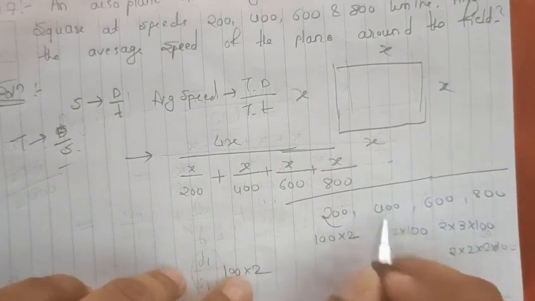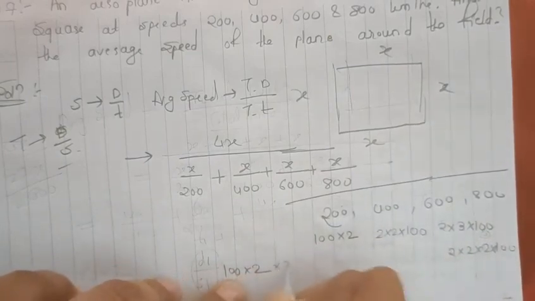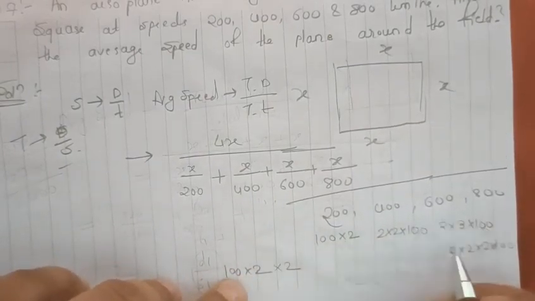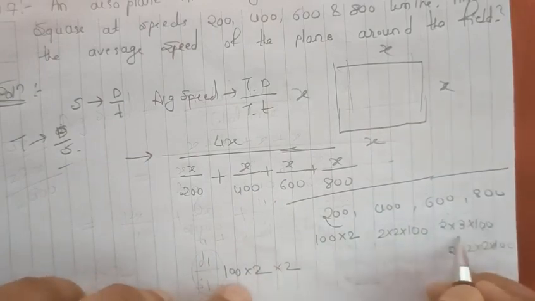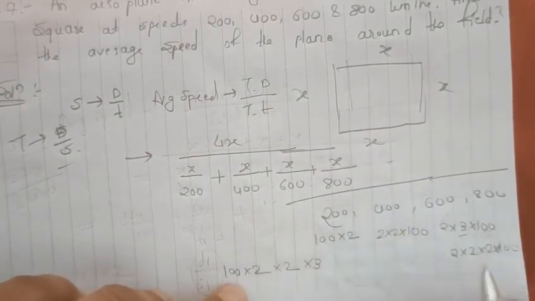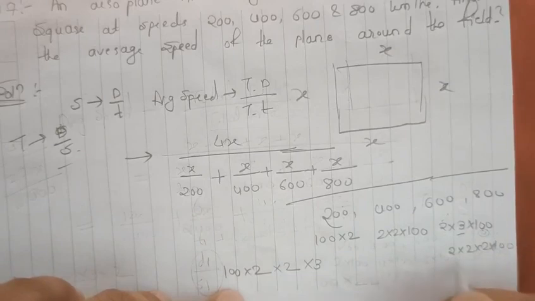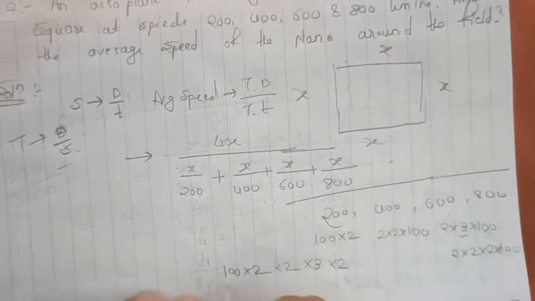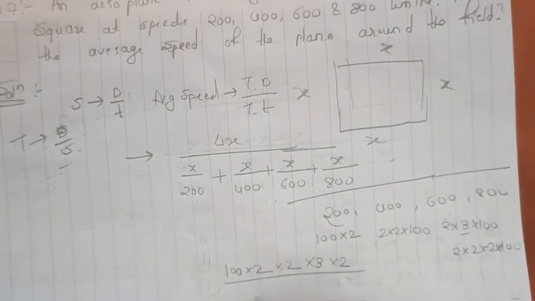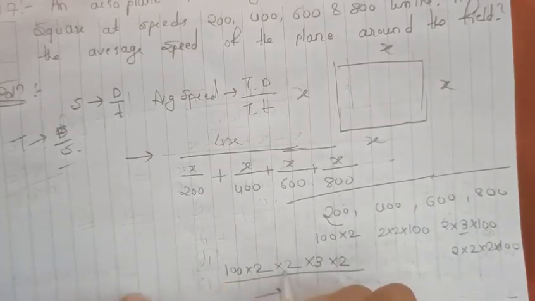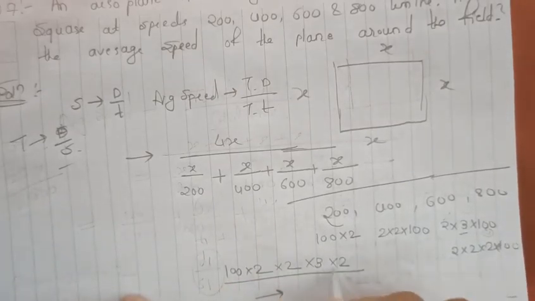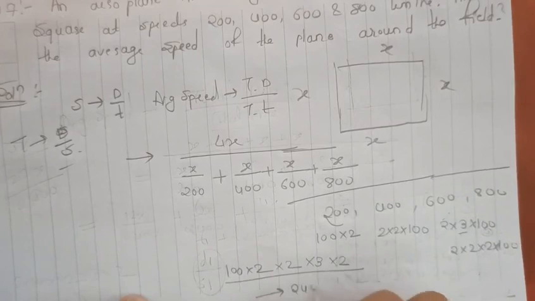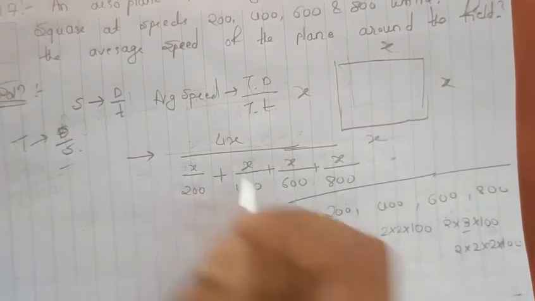Already we have 2 into 100 in the second term, we just need to write this 2. From the third number we need to write this 3. And from the fourth we have double 2s, we just need to write one more 2. So calculating this, we get our LCM: 200 into 2 is 400, 400 into 6 is 2400. So 2400 is our LCM.